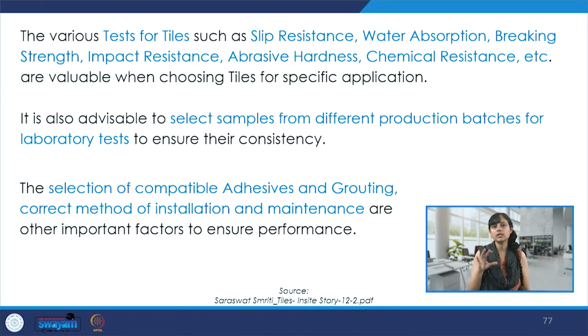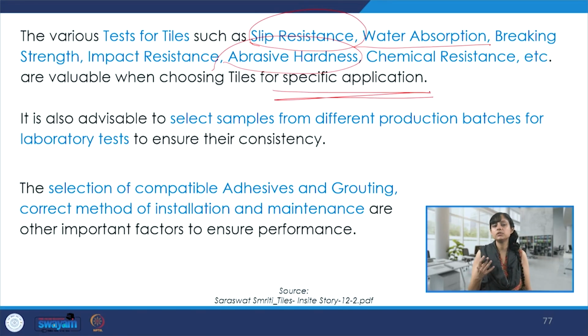There are also various kinds of tests available for tiles, such as tests for slip resistance, water absorption, breaking strength, impact resistance, abrasive hardness, chemical resistance, etc. It may be important to have an overview understanding of these tests, and they are valuable when choosing tiles for specific applications.